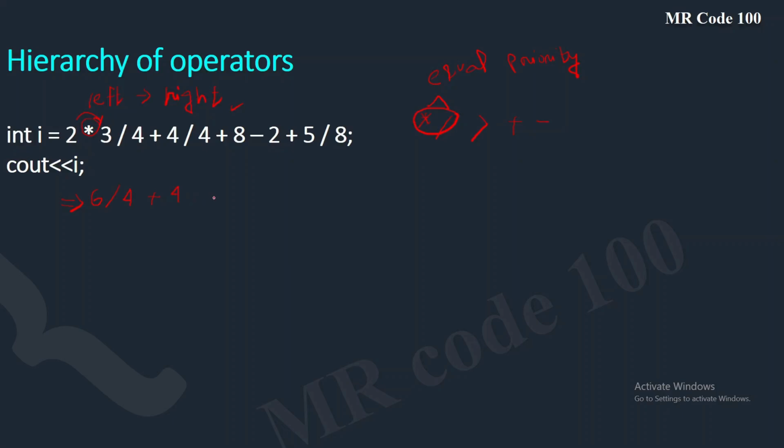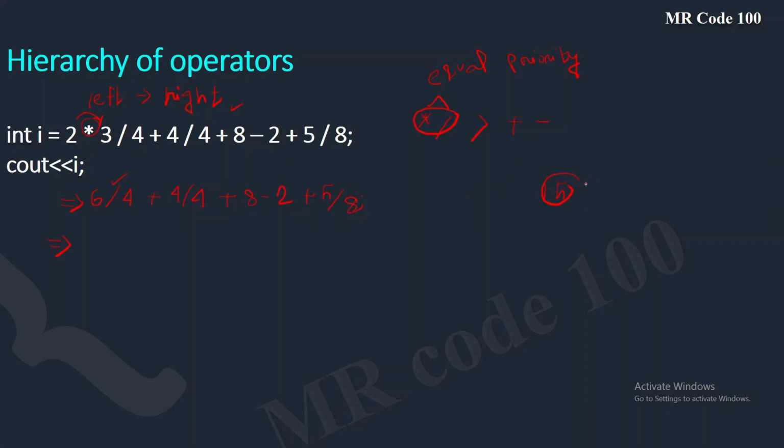Again, 4 by 4 plus 8 minus 2 plus 5 by 8. Now you tell me what comes if you divide 6 by 4. 6 by 4 comes 1.5, right? But as this is an integer value, we cannot take 1.5.